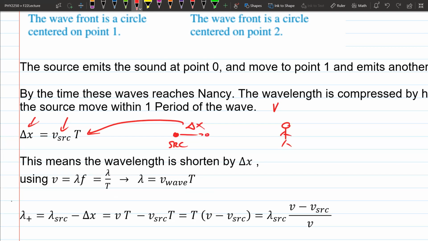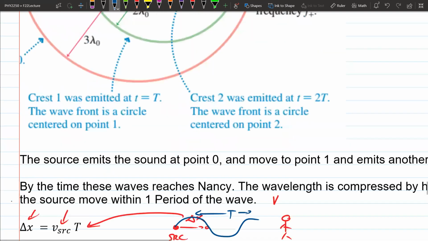So as this source is approaching you, the period, the amount of time it takes for the wave to repeat itself, tells you how far apart in time the peaks of these waves are going to be separated. This is what we're going to quantify in this little diagram.